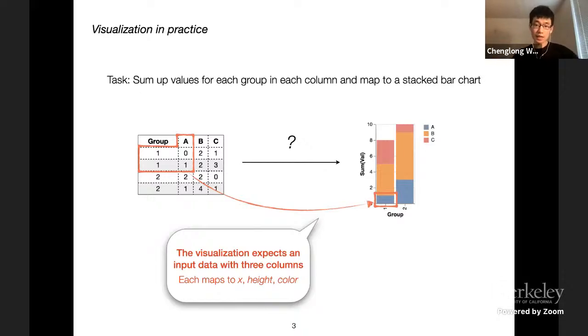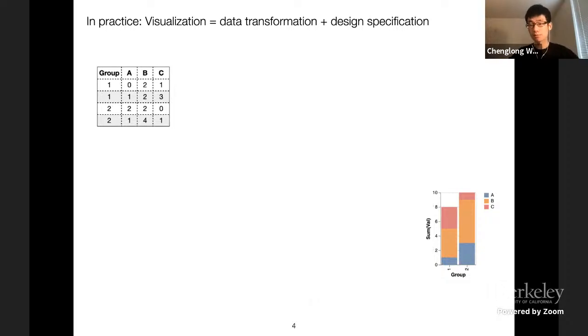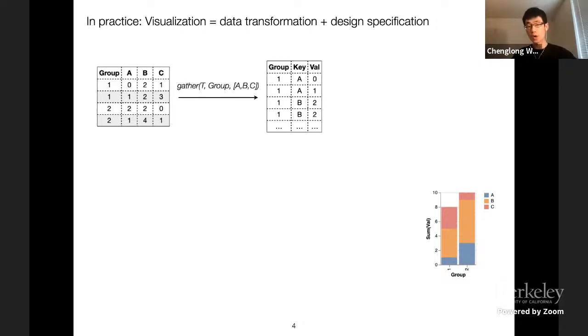So as a result, in practice, what we need to do is go through a data transformation process. In this particular example, we first transform the data with an operator called gather. What gather does is basically transpose the table so that columns A, B, C become values in a key column, and their corresponding values are in the value column.